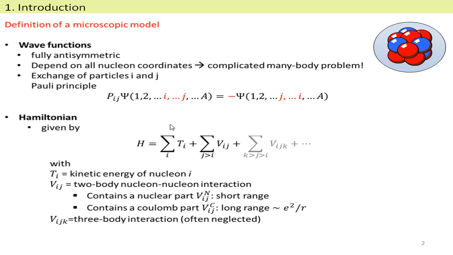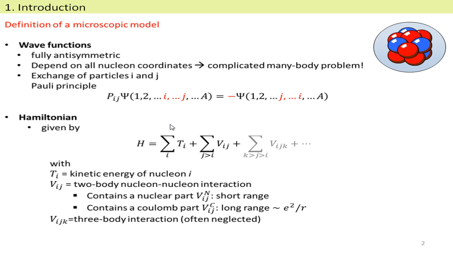The wave function depends on the A nucleons and should be fully antisymmetric. We know that nucleons are fermions. So if you exchange the coordinates of two of these nucleons, then you should get the same wave function, but with a minus sign. This is the result of the Pauli principle.